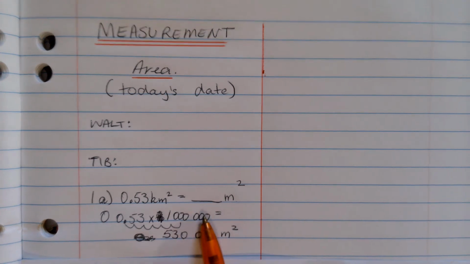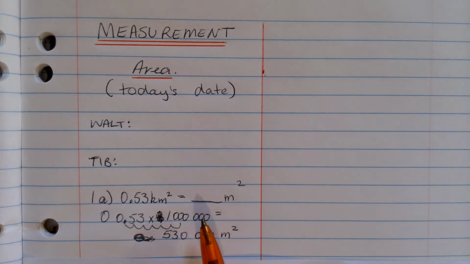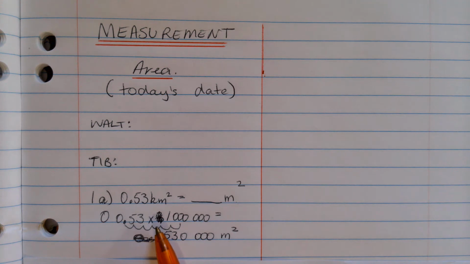We need to square the 1,000 to a million to make the conversion for square units. There are 6 zeros we need to move: 1, 2, 3, 4, 5, 6. And so we've got the 5 and the 3 stay together, and 1, 2, 3, 4 more zeros, making 530,000 square metres.